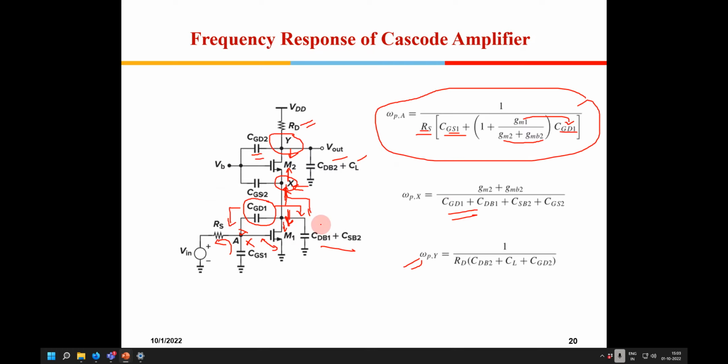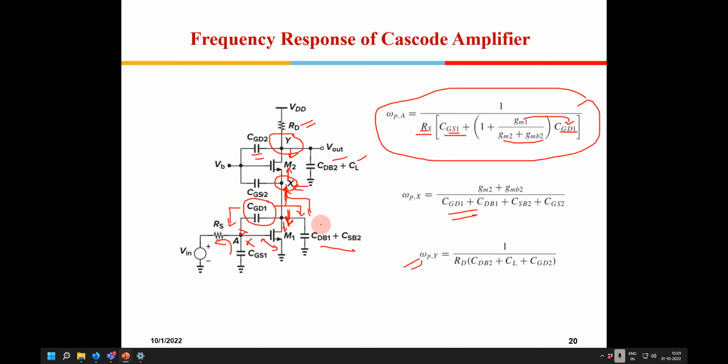Sir, here for omega px, from the X point looking towards M2 you have considered GM2. Yes. But when we look into M1, that we don't need to consider? Yeah, that is a much higher resistance as compared to GM, so that is why we are neglecting that. Sorry, sir. That will be R0, right?